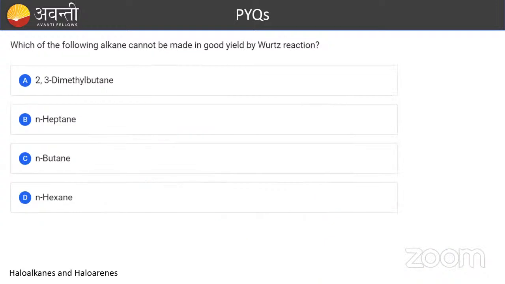Which of the following alkanes cannot be made in good yield by Wurtz reaction? Which of the following alkanes cannot be made in good yield by Wurtz reaction? Can you find out the answer?